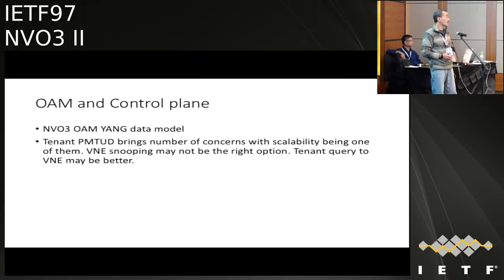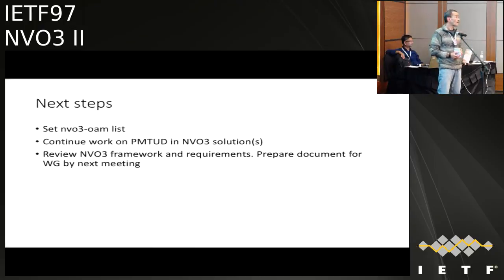So we discussed what could be the next steps, and we agreed that those interested in this work will be able to sign up to the NVO3 OAM list, and possibly work on some solutions, one of them being this MTU discovery scenario in different variations.